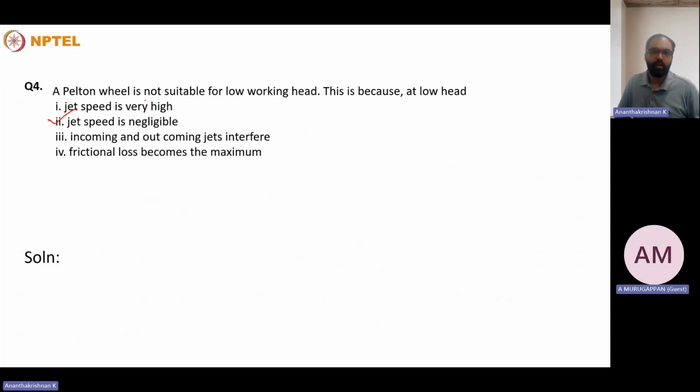So if the head available is low, corresponding kinetic energy is low, and the jet speed will also be lower, and that is also the reason it can't work at a low working head, because it is the velocity of the jet that decides the power output. It is a function of u, and that u itself is a function of head.